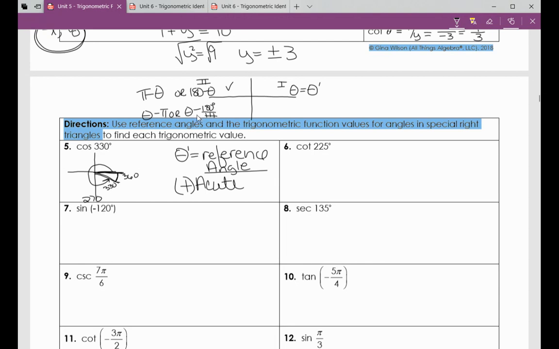Sometimes, unfortunately, these two may have to switch, but I'm relating it back to 180, and I'll show you when we get to 225 in just a second. And then in quadrant 4, we're going to do 360 minus theta, or you might do 2 pi minus the angle.